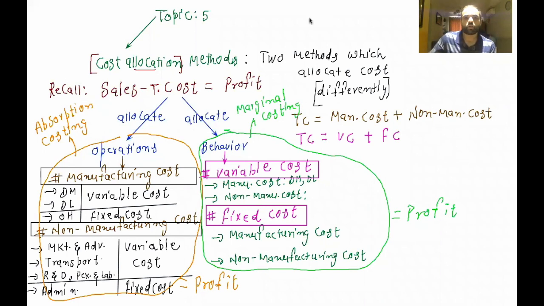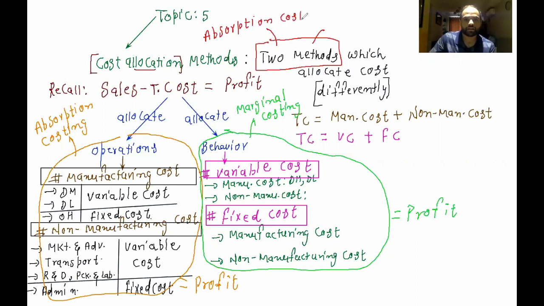So that's what I mean here. We have two different methods which allocate cost differently, right? Two different methods means absorption costing and marginal costing.